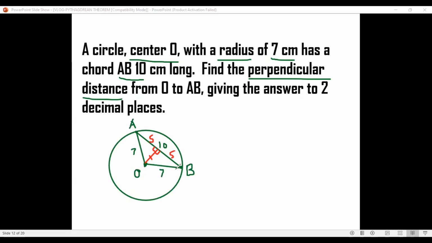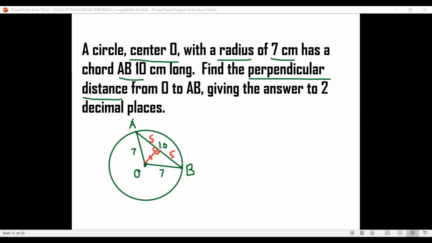That will be the one we use, because we are now dealing with this small right triangle. If you have this 10, 7, 7, it is an isosceles triangle, so we cannot use the Pythagorean theorem in that sense. Again, the Pythagorean theorem is limited to right triangles.